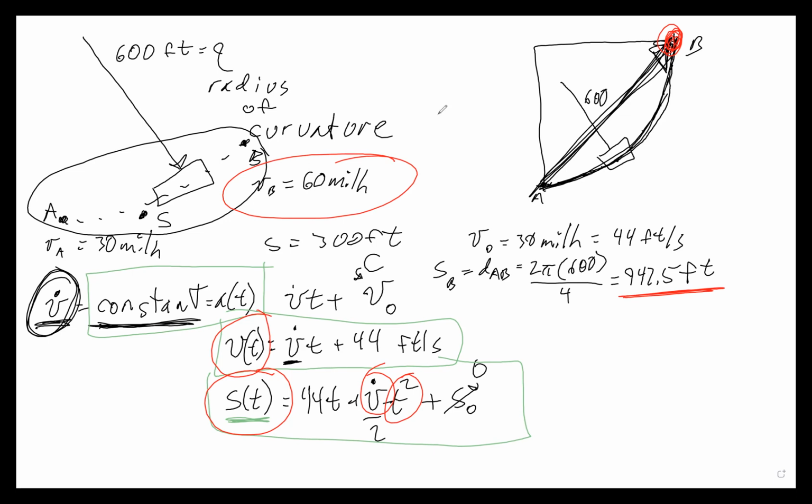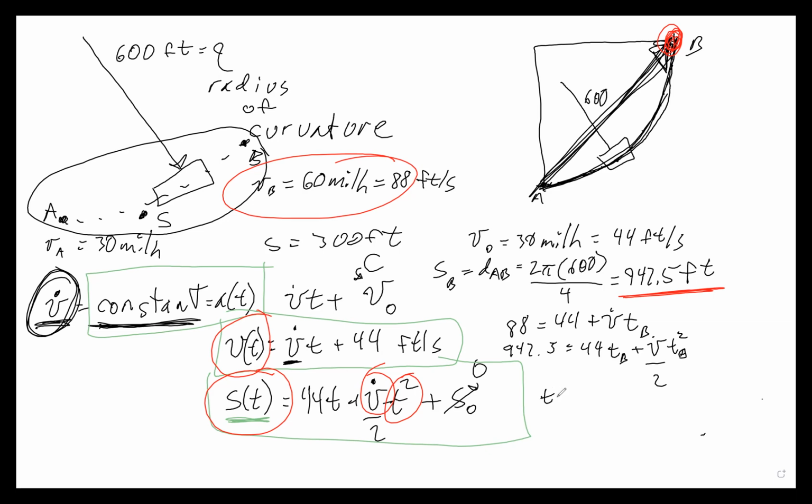If we plug in the 60 miles an hour, which by the way is actually 88 feet per second, which is the number we should actually be using, then we'll have 88 equal to 44 plus v dot t at B, and this is all at location B. And then we'll have the distance of 942.5 feet equal to 44 times t at B plus v dot times t at B squared, divided by 2. All right, we can solve for v dot and t sub B.